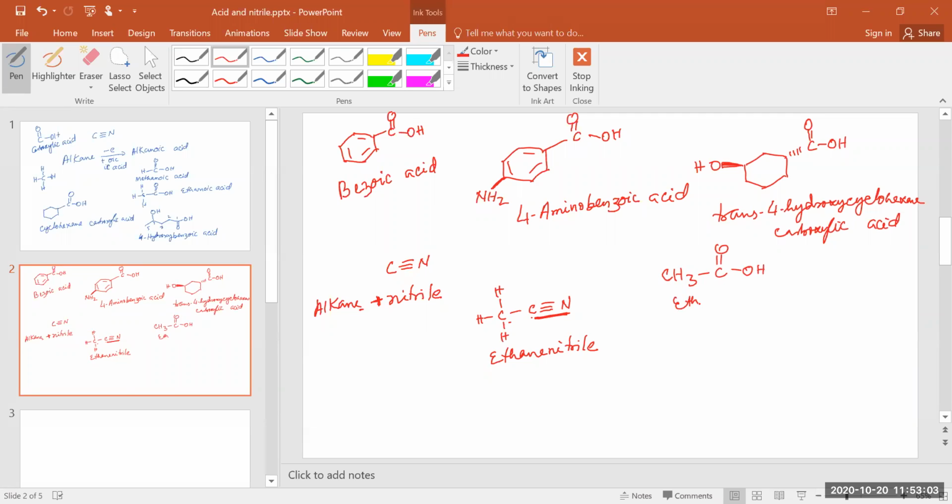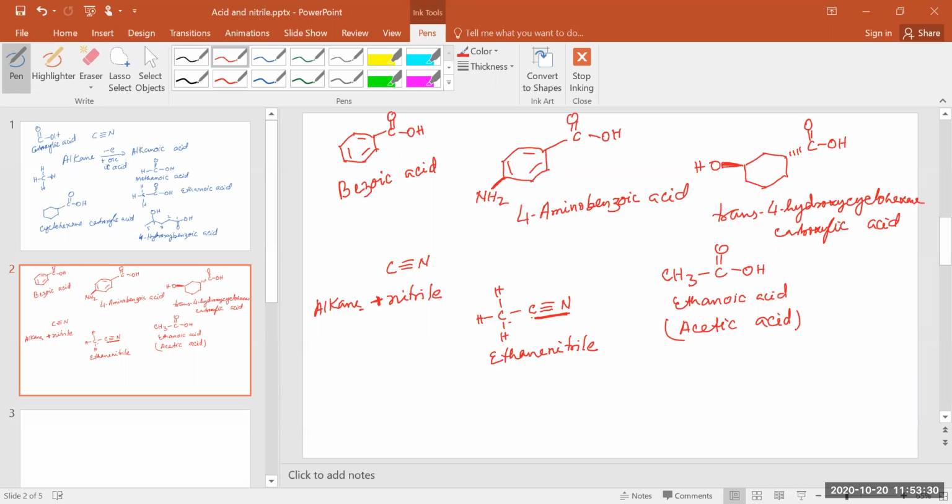Ethanoic acid. The general name of this molecule is acetic acid. These acids and nitriles are also acetic acid, the same that is found in vinegar.